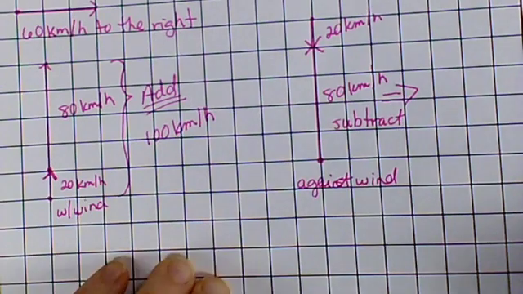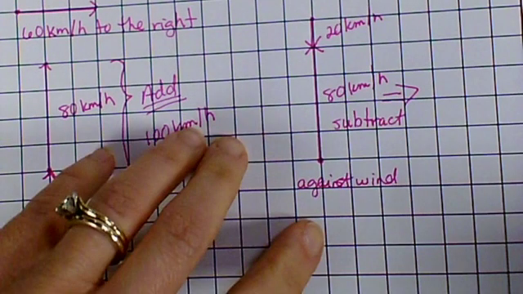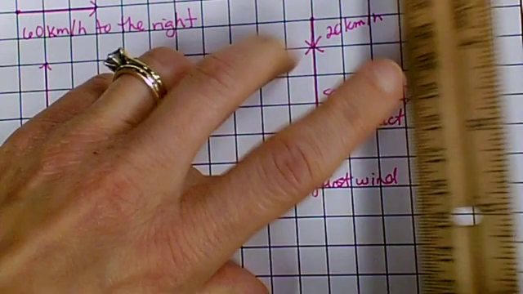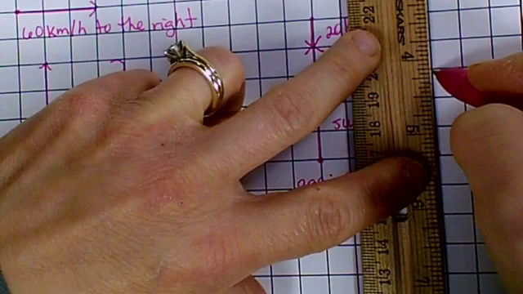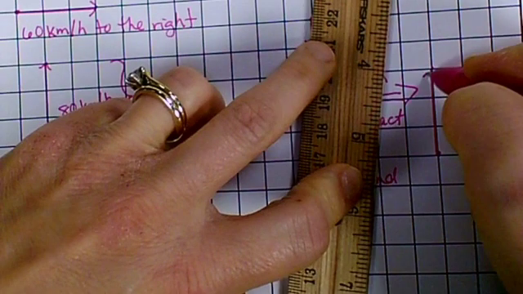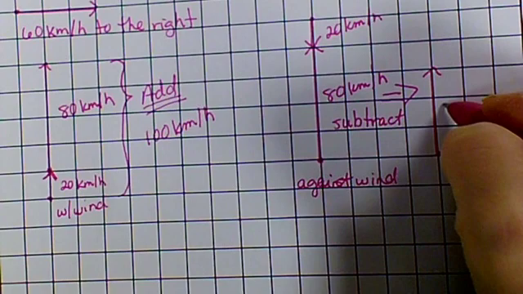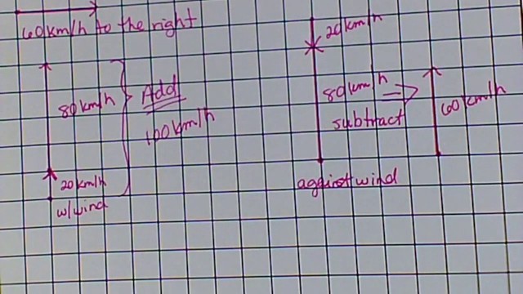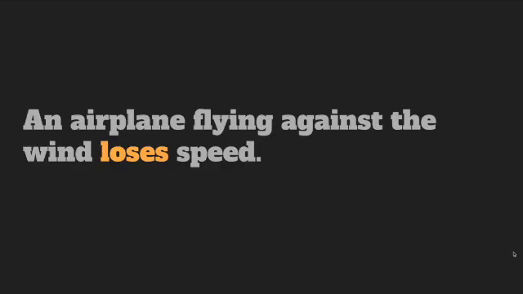And what we end up with when we subtract 20 from 80, we get 60. So we have to redraw that, and we have a 60 km/h vector. The plane is not going as fast, and we can also see this happen in real life. It appears as if the plane is going slower. As we can see from the problem that we worked out on the graph paper, an airplane flying against the wind loses speed.